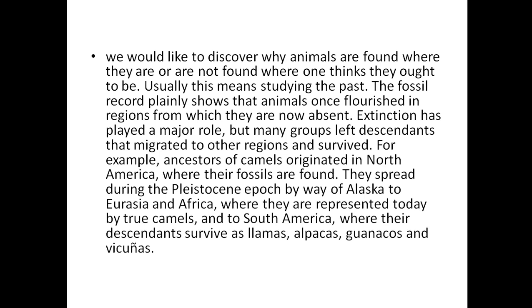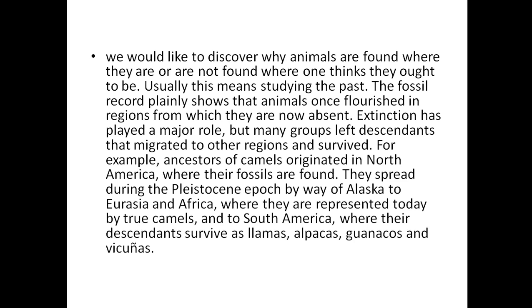Fossil records show that the same type of animal flourished in those regions, but from which they are now absent. Now they are not seen there. They have become extinct. And all of us know that something must have happened in that region. The organisms which have moved out of that region must have survived and flourished elsewhere, but in a particular location they might have become extinct.